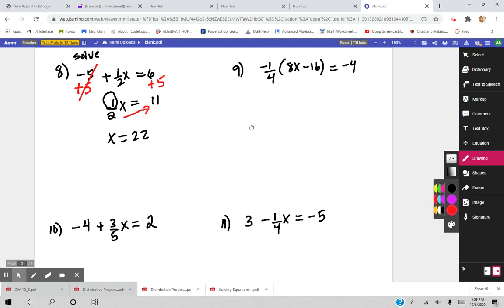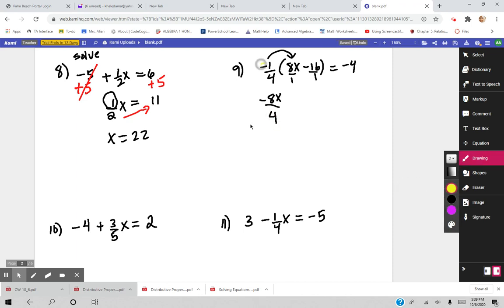Okay, let's keep going. You can turn this into a fraction, since you're distributing a fraction, and multiply the numerators. -1 times 8x is -8x. Multiply the denominators. 4 times 1 is 4. Now be careful.